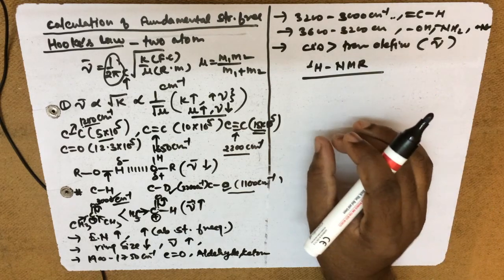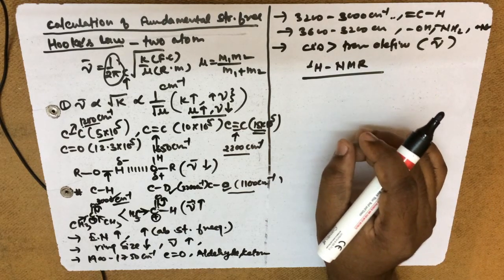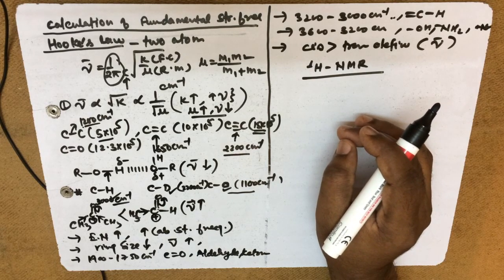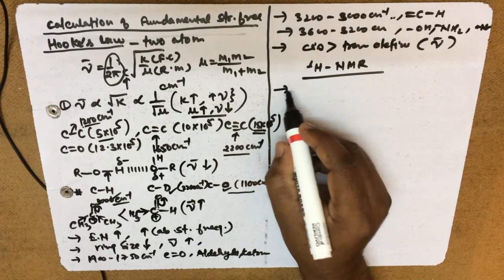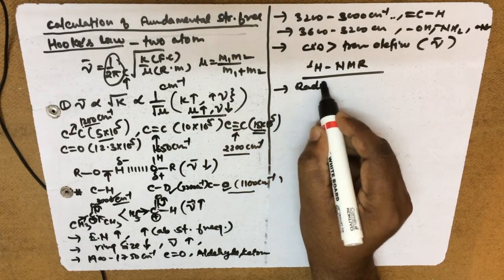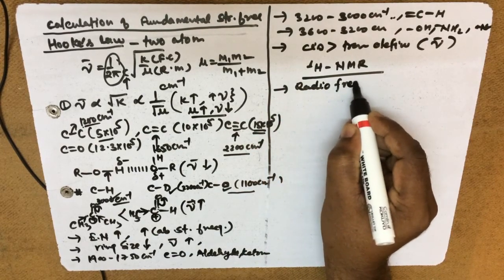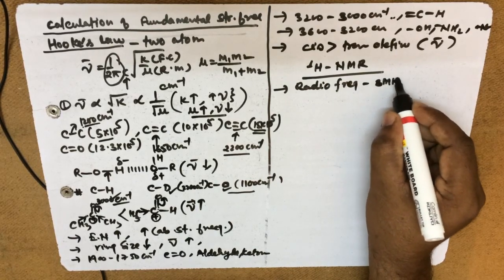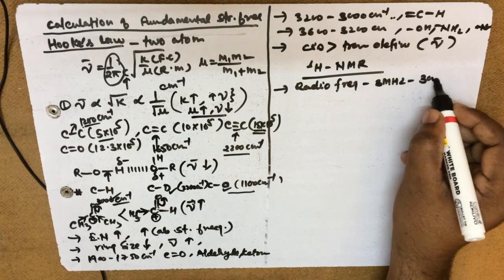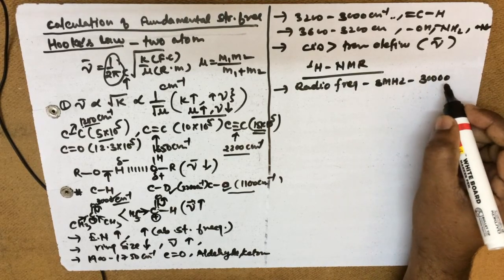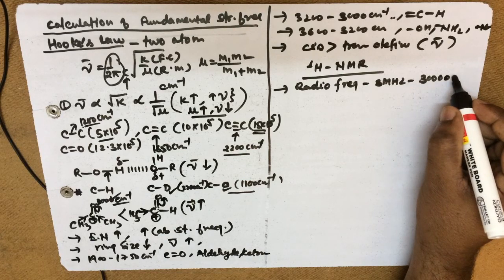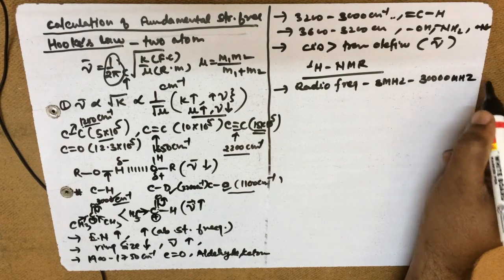So this is the basic introduction about NMR, and so here the radio frequency is 3 megahertz to 30 megahertz, okay.